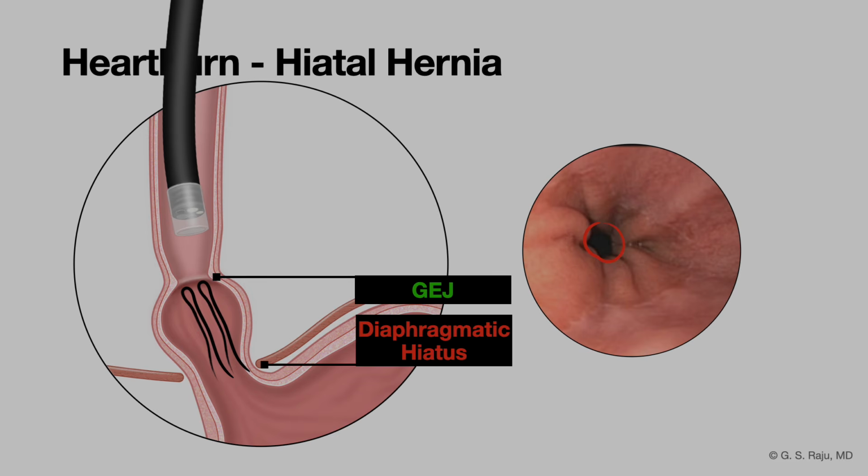Compared to that, you notice the gastroesophageal junction, the stomach folds have come up a little bit higher, marked by the green outline. So you know that the patient has a small hiatal hernia. So it is important to identify whether the anti-reflux barrier is working properly or not when you do endoscopy.